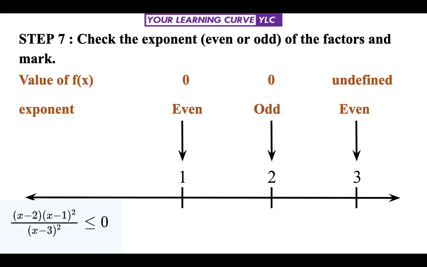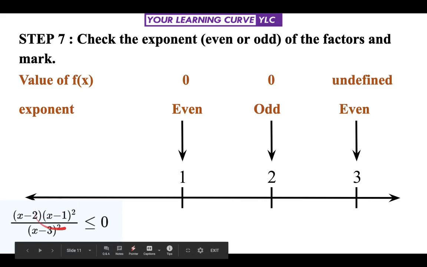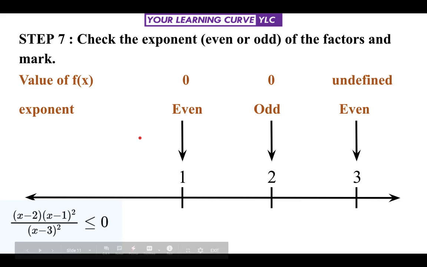So it doesn't matter whether the quantity inside the bracket is positive or negative, the result will always be positive. So this factor is always positive. So this factor will not be changing its sign and hence it will not play a role in the sign of fx.